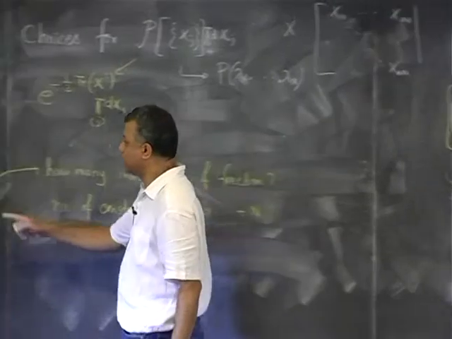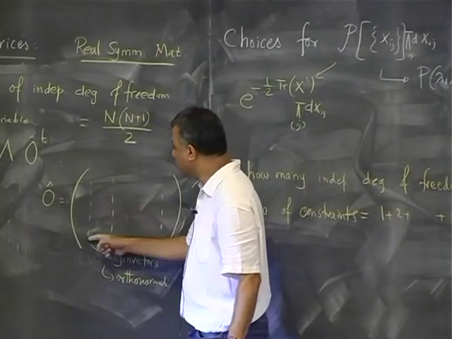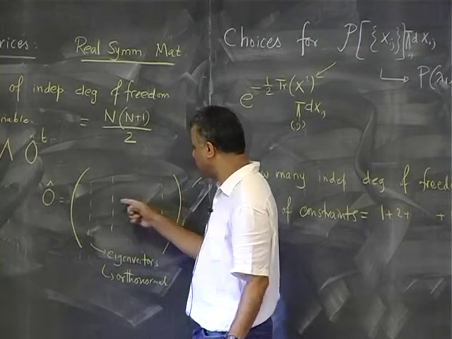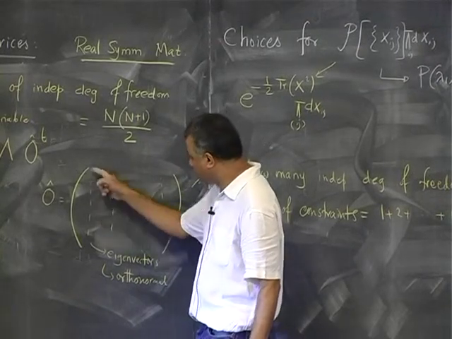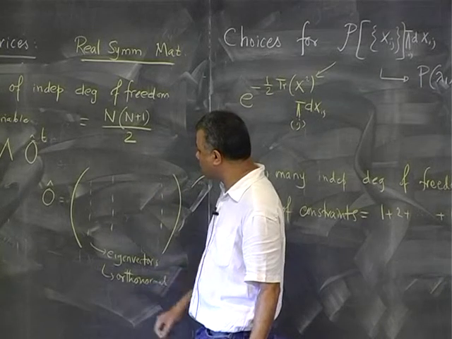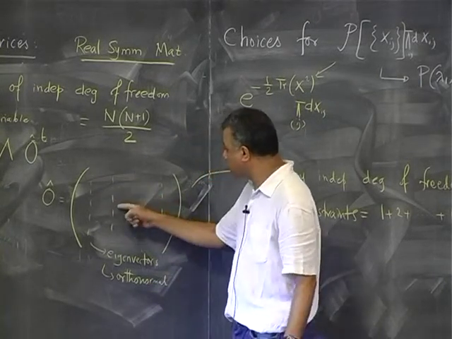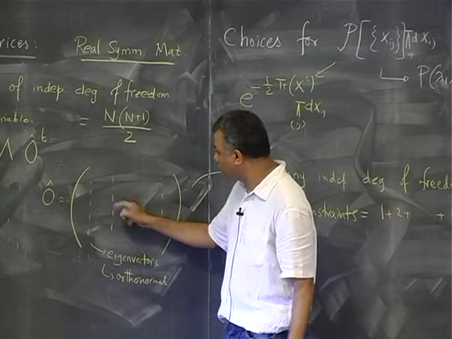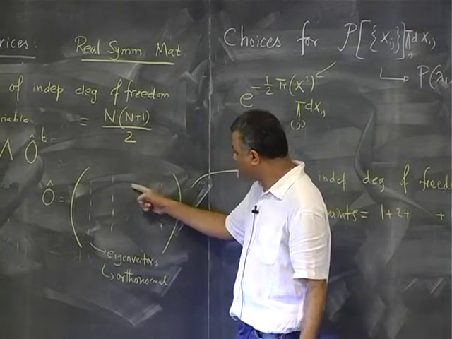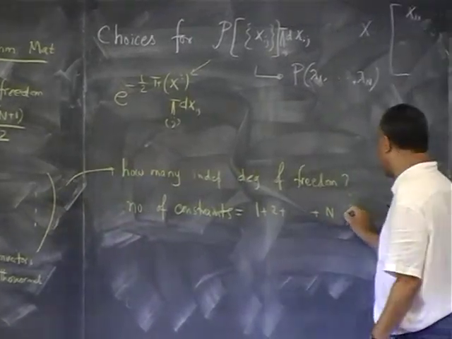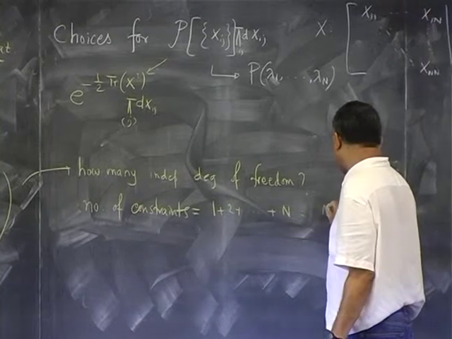For example, for the first column, normality is 1, and orthogonality is n minus 1. So n minus 1 plus 1, which is n. So this one has n constraints associated with it. The next has n minus 1 constraints because I've already taken care of that orthogonality. The next has n minus 2, and the last has only 1. So when you add them up, the total number of constraints is n into n plus 1 over 2.